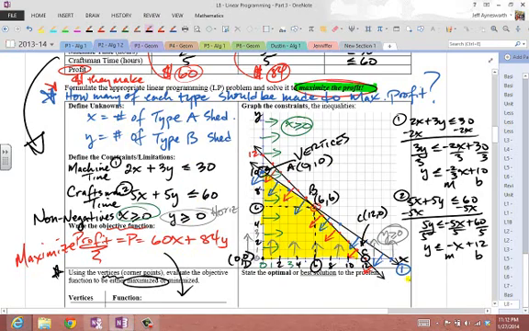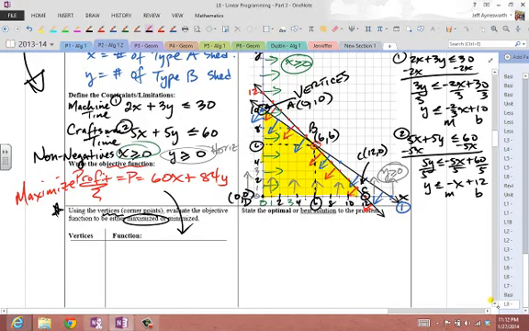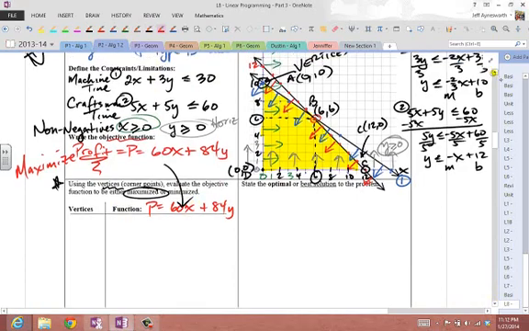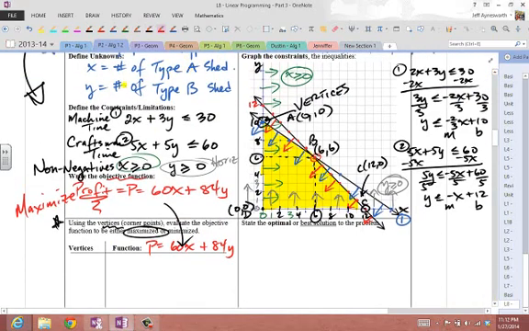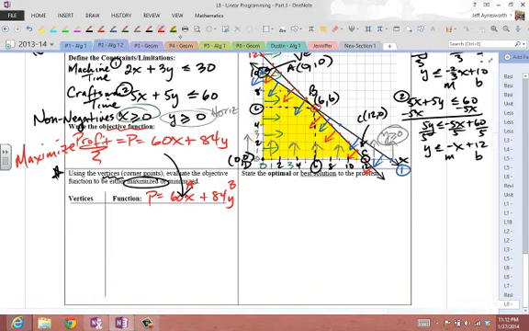All right, so let's go ahead and substitute these vertices into the objective function. Now, the objective function is the profit is 60 times x plus 84 times y, where x stands for the number of type A sheds, it's right up here, and y stands for the type B sheds. So I'll put A here and B here, just so that it reminds me type A, type B. Okay, and the vertices, let me see, what are they?